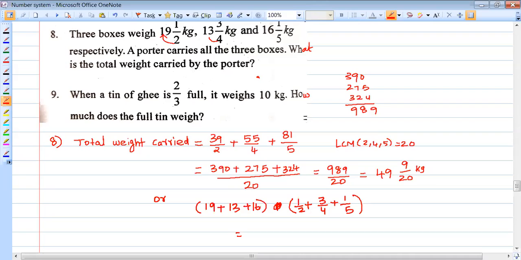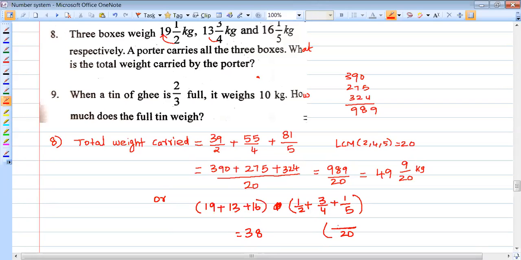Now 19 plus 13 plus 16. Then we have to find the LCM for the fractions.